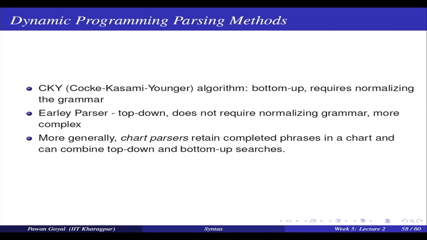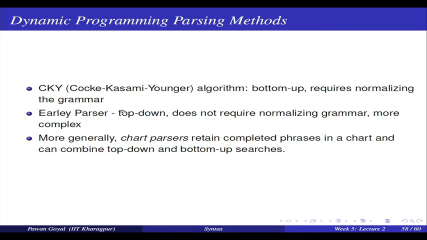And a generic framework is something called a chart parser, where for individual phrases in the sentence, they will see what are the possible trees they will retain in the chart and use that for the higher level trees. They combine both of these approaches, bottom up and top down. We will only focus on the CKY algorithm, how we use this for finding a parse in an efficient polynomial time. So how does this CKY algorithm work?